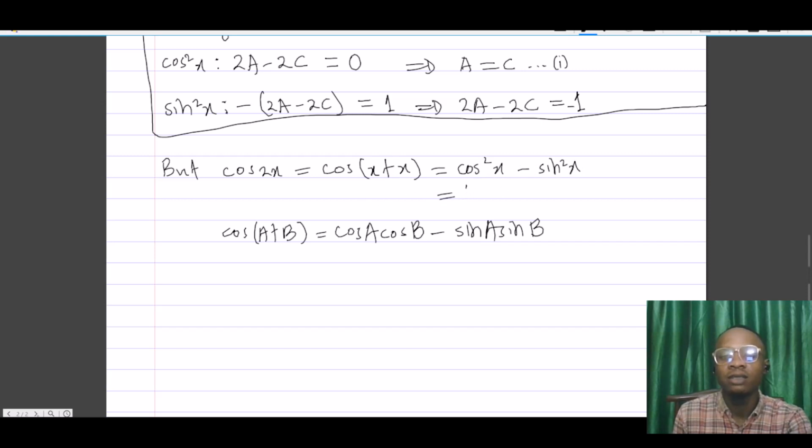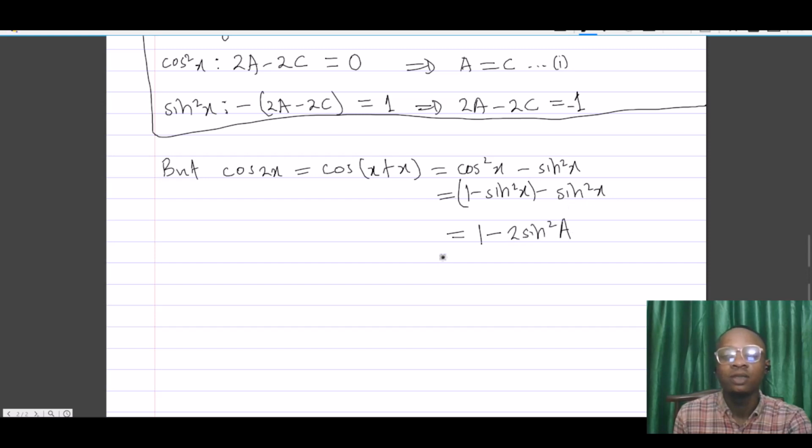We know that cos squared x is 1 minus sine squared x. So we can write this as 1 minus sine squared x, then minus sine squared x. If we simplify this further, this is equal to 1 minus sine squared x minus sine squared x, that's 1 minus 2 sine squared x. So what does this tell us? This tells us that cos 2x equals 1 minus 2 sine squared x.